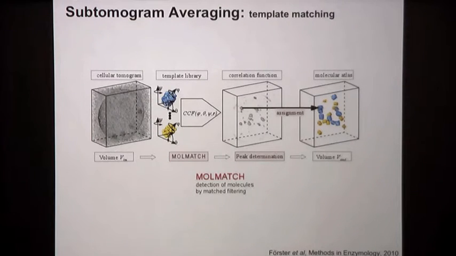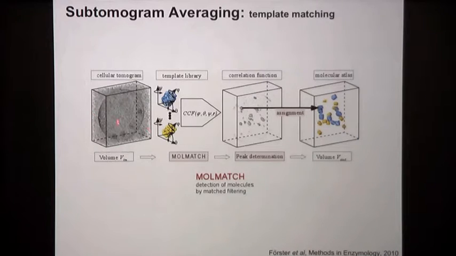If, however, we are very unlucky that we can't pick our subtomograms manually, and they are not arranged in any geometric way, then we would have to rely on automatic particle picking. This is analogous to the two-dimensional case. Let's assume this is our tomogram, and inside this tomogram there are lots of ribosomes. To pick these ribosomes, one would take a three-dimensional model of the ribosome from the PDB or from the electron microscopy database, EMDB.